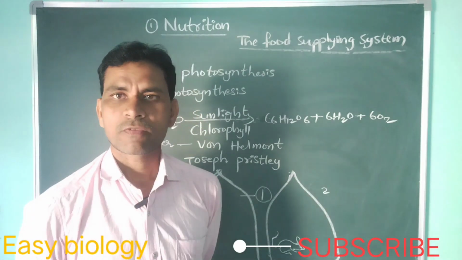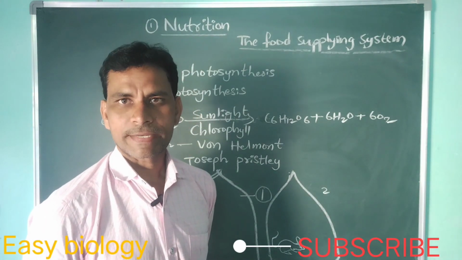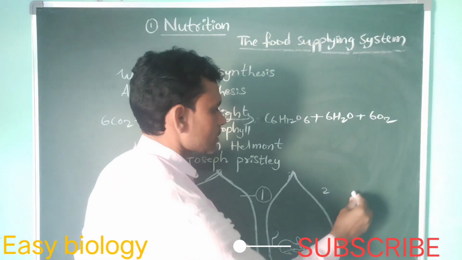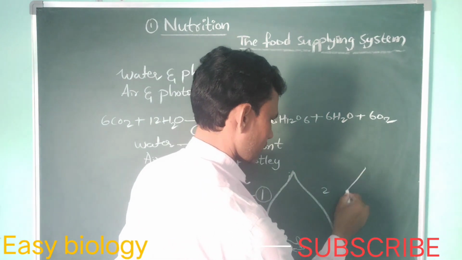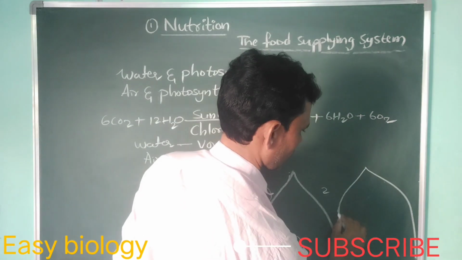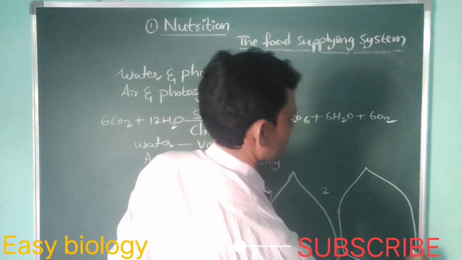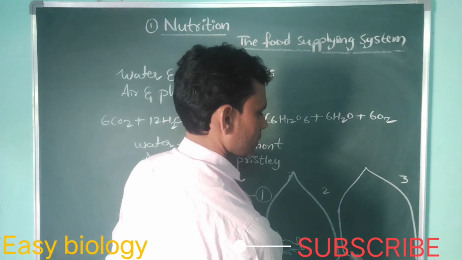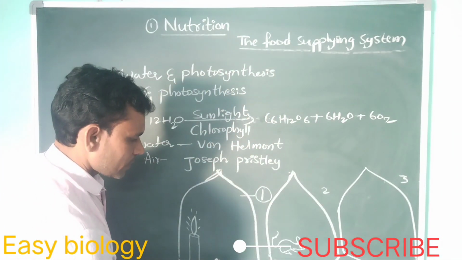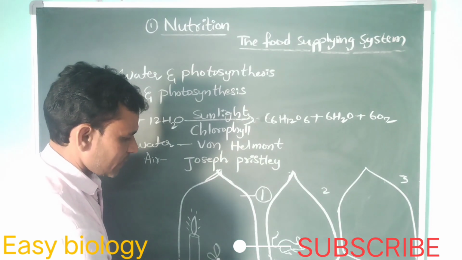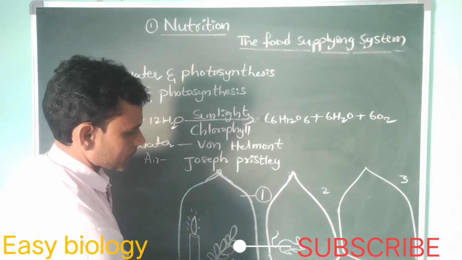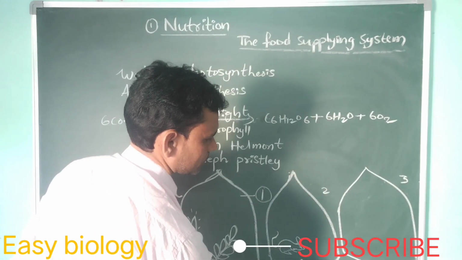The rat also suffocated while breathing. The third one, he kept a mint plant inside the bell jar with the candle, and here also nothing will happen.